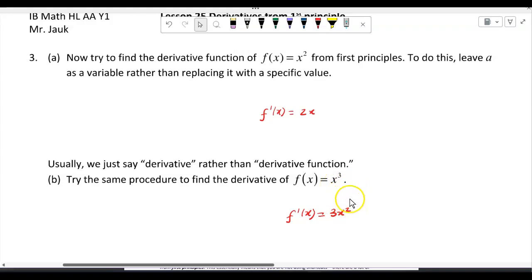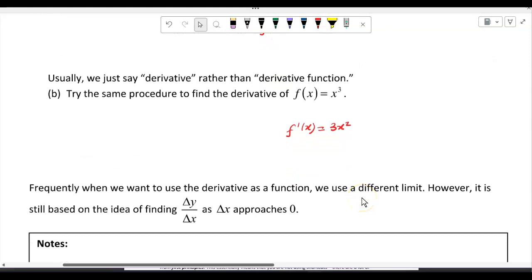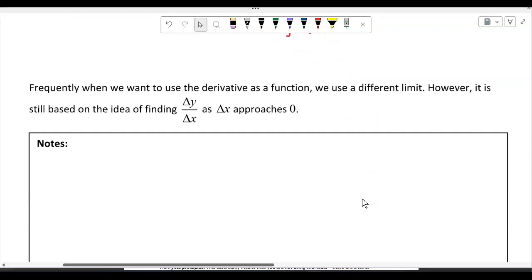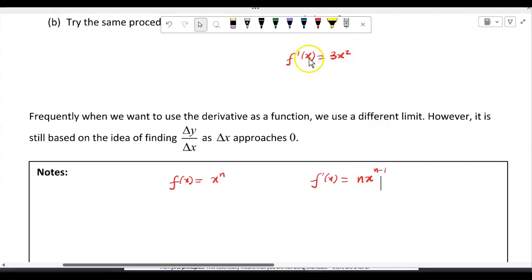I'll tell you. Basically, if your function is x raised to n, your derivative would be n x raised to n minus 1.